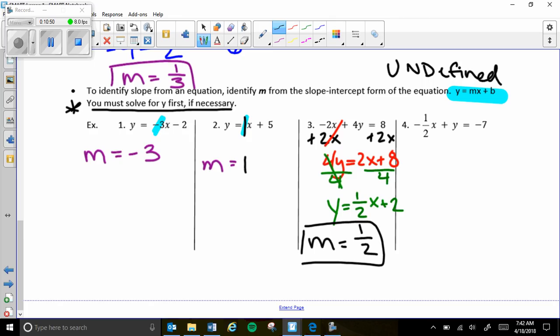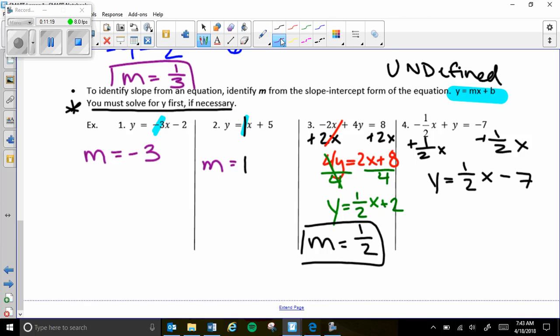Looking at example 4, is y solved for? And there are fractions in this problem. So in order to get rid of that fraction, what do we do? It's a negative number. So I'm not going to multiply by the reciprocal here because I'm moving that whole term. I add 1/2 x to both sides, which leaves me with y equals, again, we put that x term first, 1/2 x minus 7.